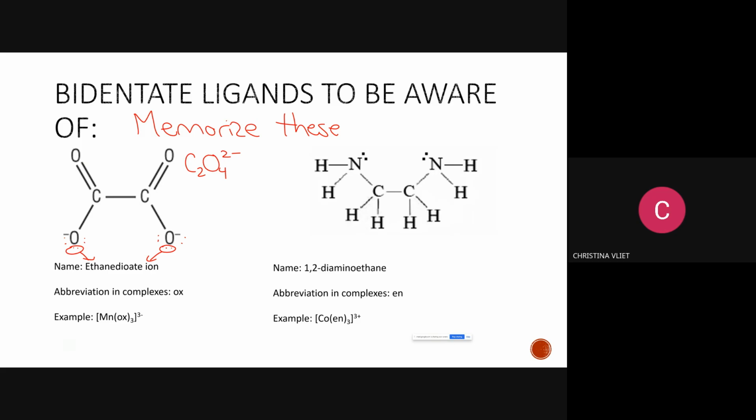I don't ask you to memorize this polyatomic ion because it never shows up until this point. The name of this specific polyatomic ion is oxalate, C2O4 2-. That's its common name, and that's where ox comes from. So ox means oxalate, but these are the pairs of electrons that are being donated.